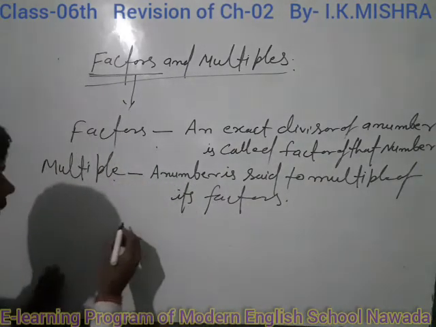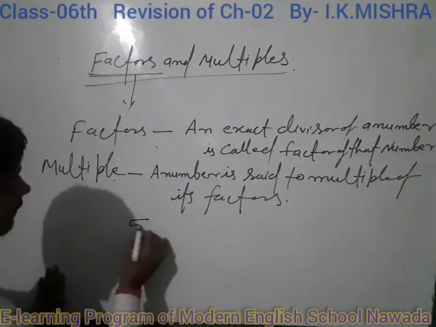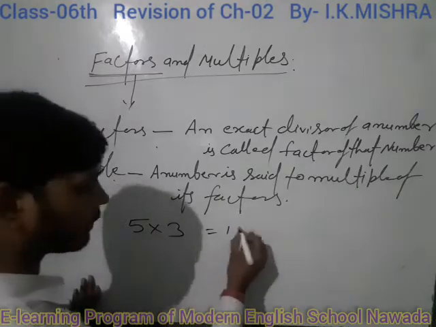Suppose here I write 5 into 3 is equal to 15.